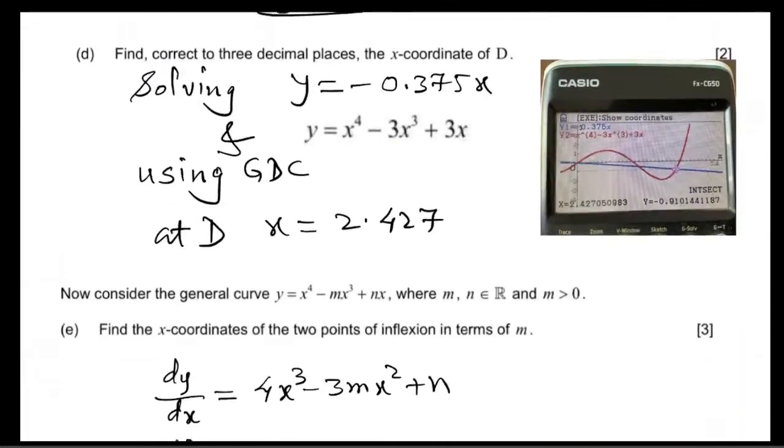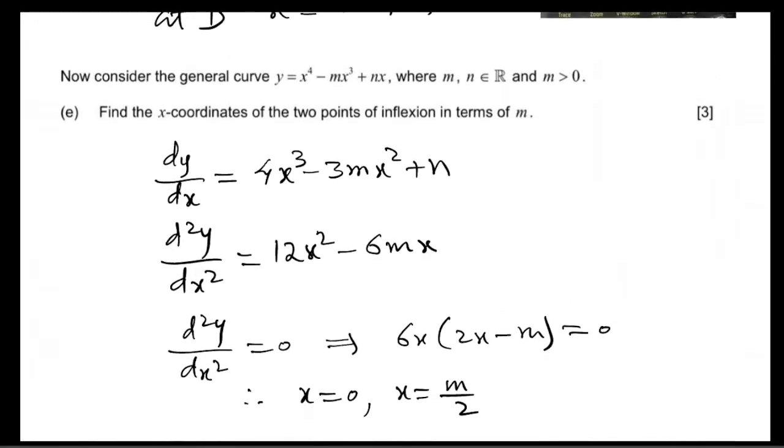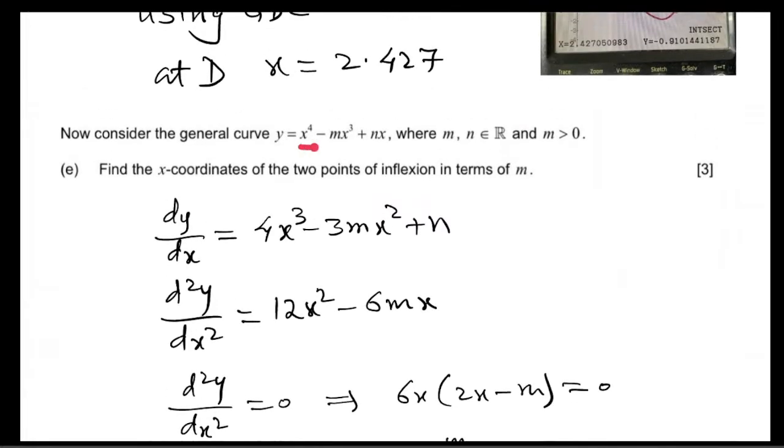These parts we have already done. E part, look here, I have already solved it. Because they are the points of inflection, we need the second derivative. So dy by dx I will find from this equation: 4x cube minus 3mx square and n, x will become 1.